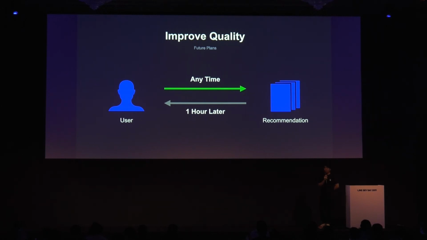The existing Line News recommendations will allow user response to be received anytime. However, the improved recommendation can be reflected only after 1 hour, because recommendation import is done in hourly batches. Users constantly send us responses and we cannot really leverage it.